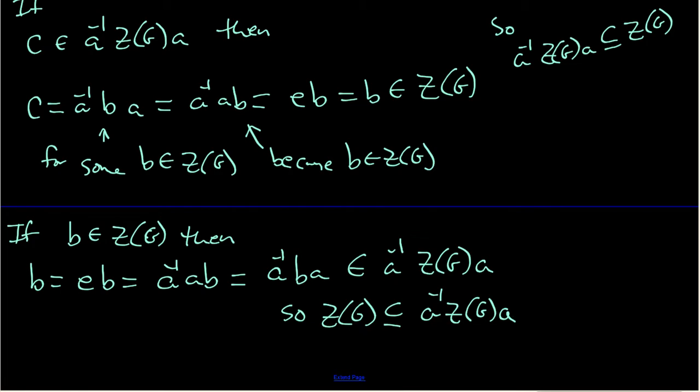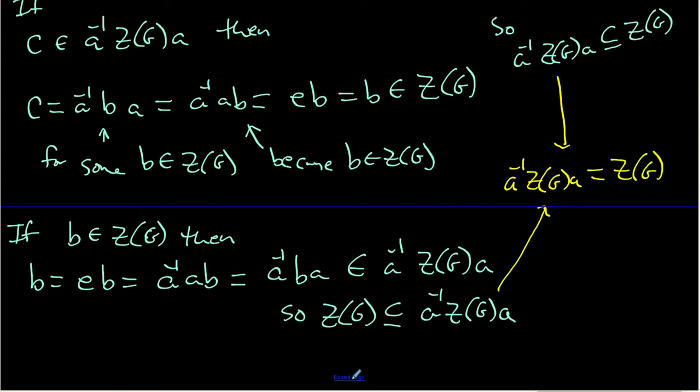And so what we now have is the center is also a subset of the conjugate subgroup. And if we look at what we've done, this inclusion and this inclusion, those two facts together are going to say that the conjugate subgroup for the center is just the center itself.